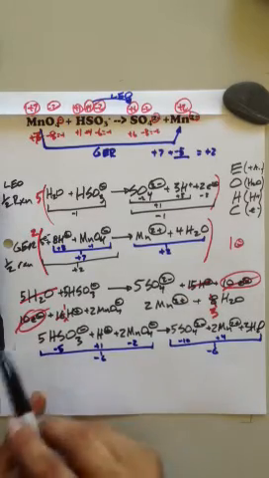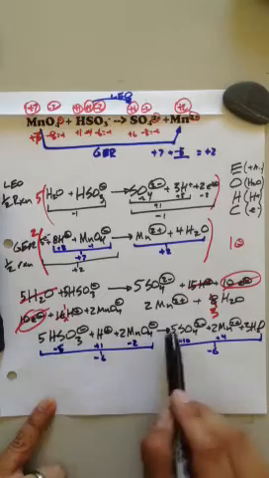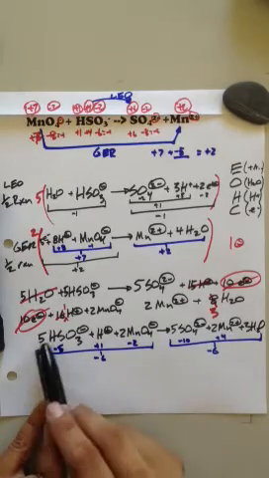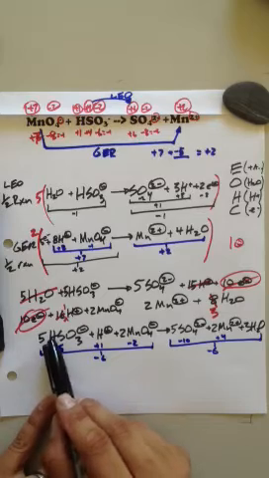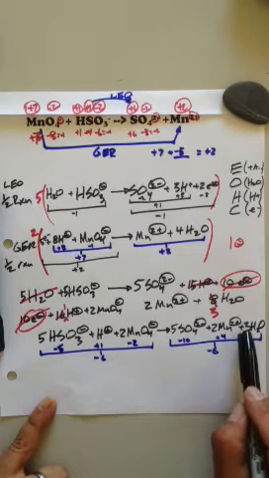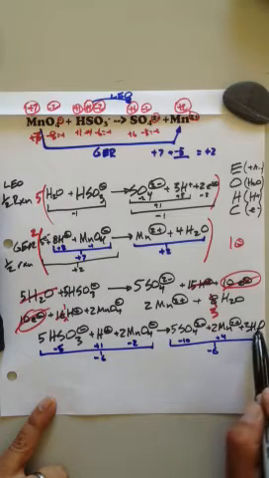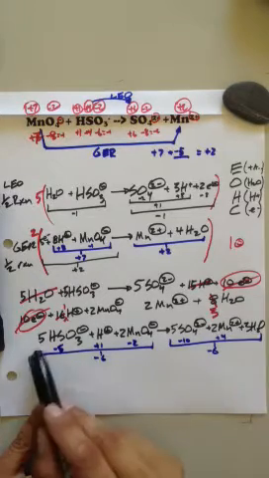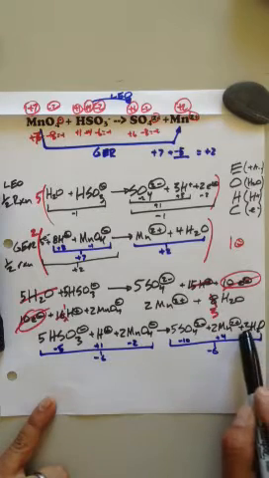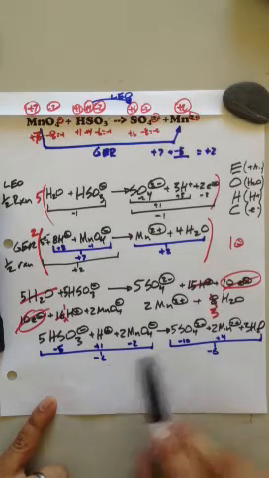Let's check the elements. 5 S's, 5 S's. 2 Mn, 2 Mn. Hydrogens, 5 plus 1, that's 6. 6 hydrogens, good.